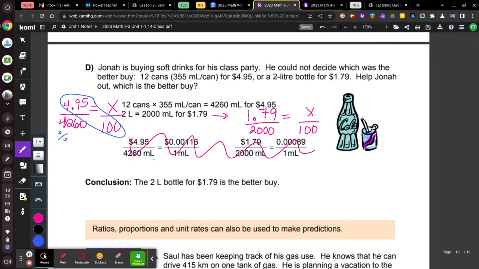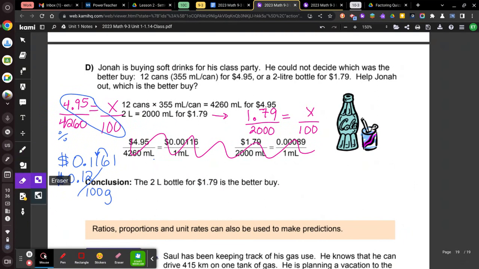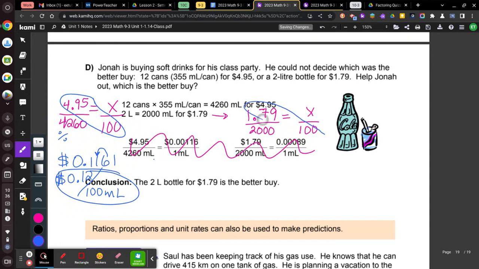Let's find our answer. 4.95 times 100, divided by 4260, I get 12 cents. This one's going to give me 0.1161. The 6 makes the 1 become a 2. So that means it costs me 12 cents per 100 milliliters, not grams, milliliters. So the first one gives me 12 cents. Let's find the second one.